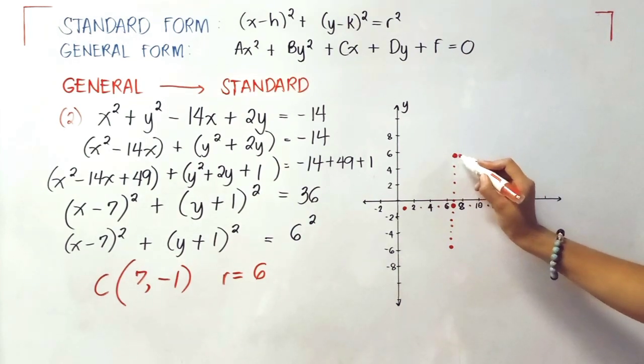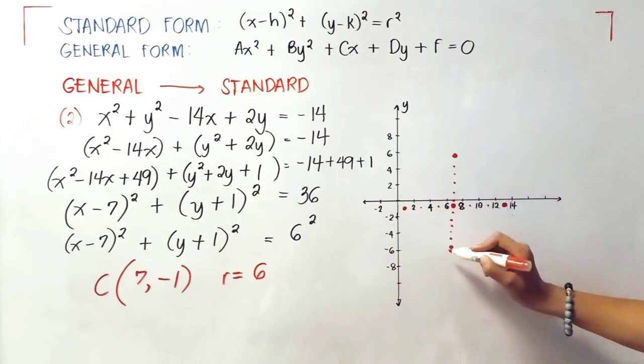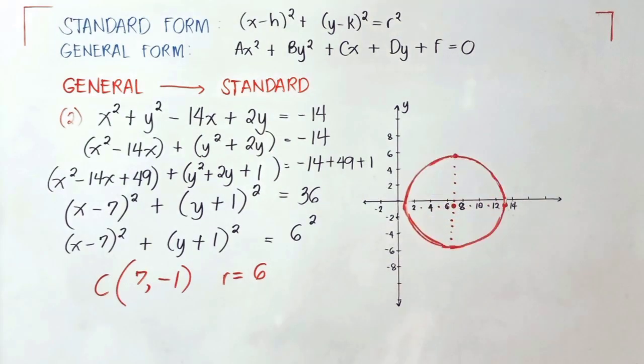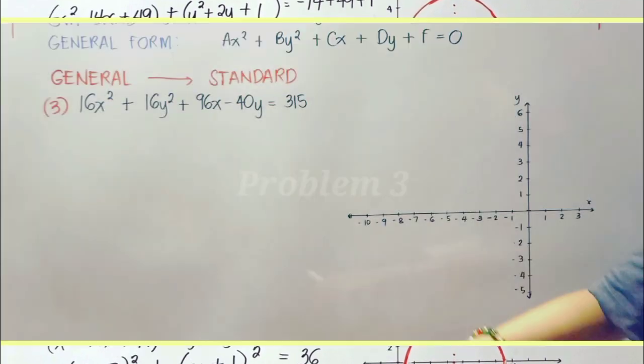Now all points here are points of the circle, so we'll use them, and here's our circle. We'll now proceed to problem 3.